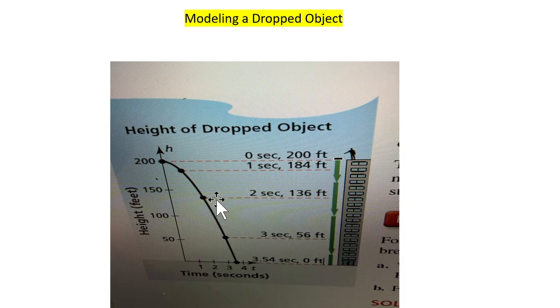After 2 seconds, you can see the height of the egg box, and after 3 seconds, you can find out the height of the box. So you have a locus, all these locus points, and you connect them. That shape makes the parabola.